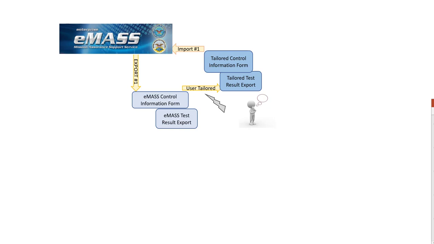Prior to continuing with the training video, I want to explain the relationship between RSAT forms and EMAS templates. The EMAS system allows users to export system-specific templates for offline data entry. These offline templates can be tailored by the user.